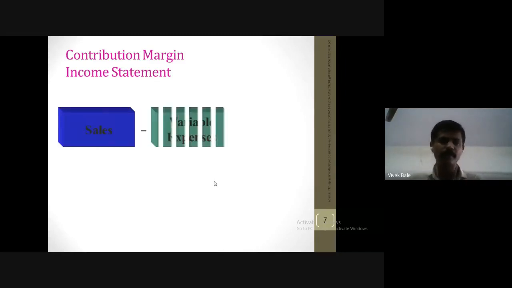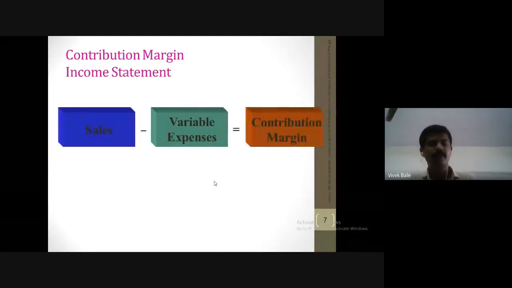So this is a very important term in marginal costing, because in marginal costing, sales minus variable cost is equal to contribution, or contribution is nothing but margin.